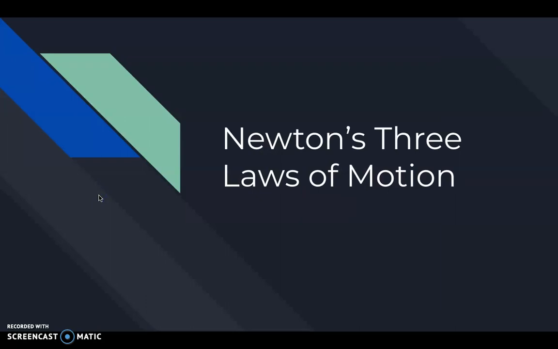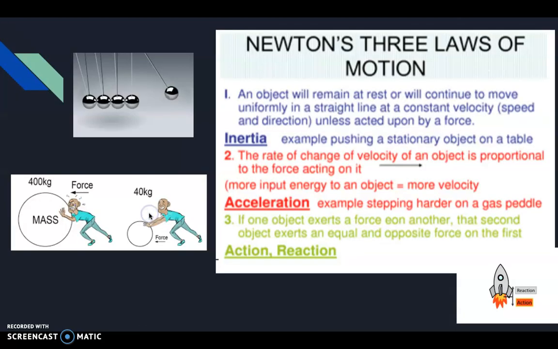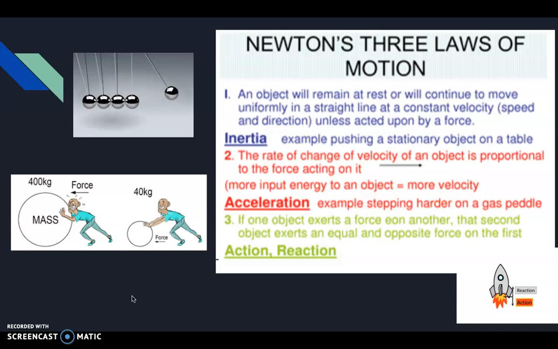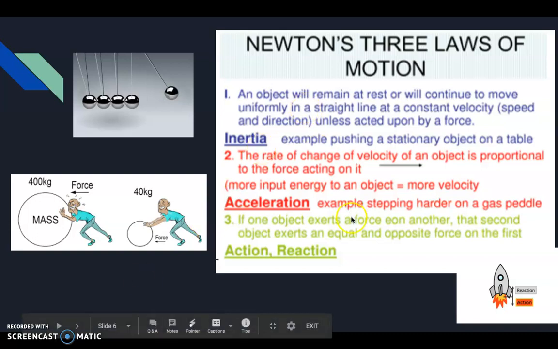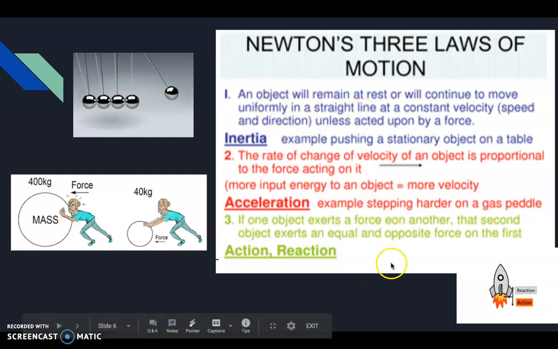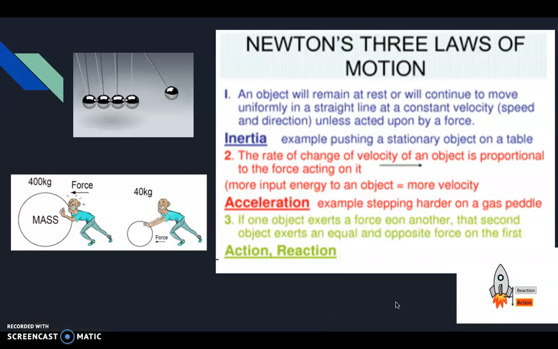Now, we can use Newton's 3 laws of motion to describe unbalanced and balanced forces as well. So here are Newton's 3 laws defined. His first law, the law of inertia, states that any object will remain at rest or continue to move uniformly, or in the same way, in a straight line at a constant velocity, speed, and direction, unless acted upon by another force.